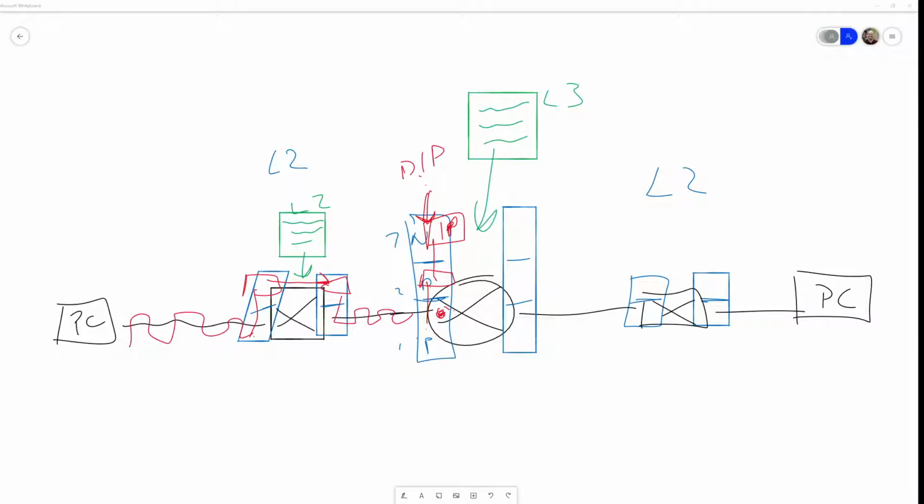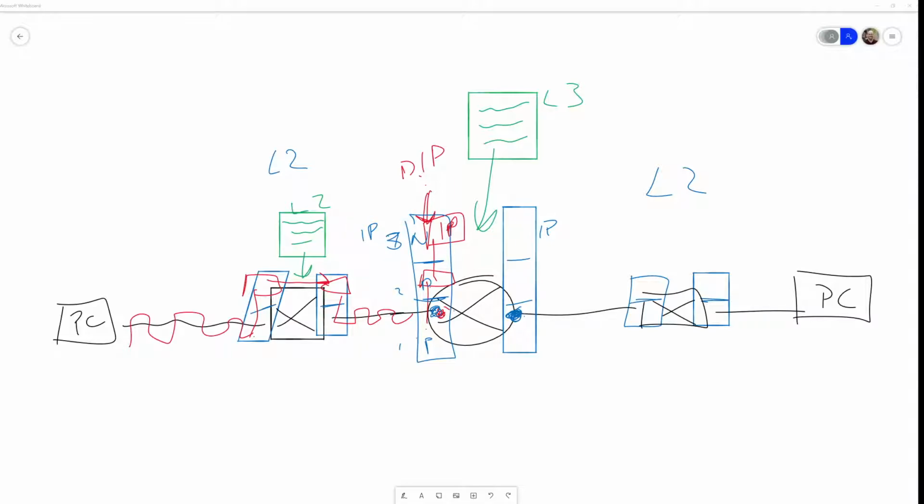The layer 3 forwarding table in this picture is formed by the existence of 2 subnets connected to it. I'm going to draw a little circle here, this blue dot and this blue dot. So these 2 network interfaces have an IP address that exists at layer 3. I'll draw IP up here because it's a layer 3 thing.